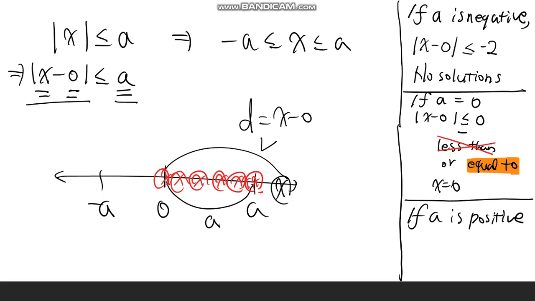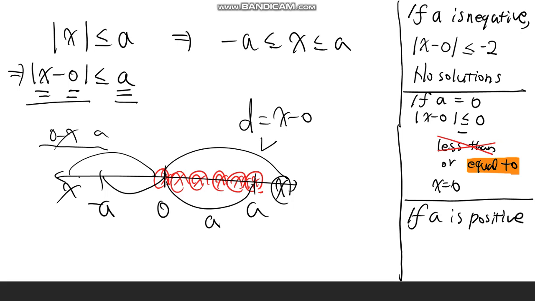Now, in this case, can x be outside? Then what that means is the distance between x and 0, which is 0 minus x, is less than a, right? Can it be true? No, because it's greater than a.